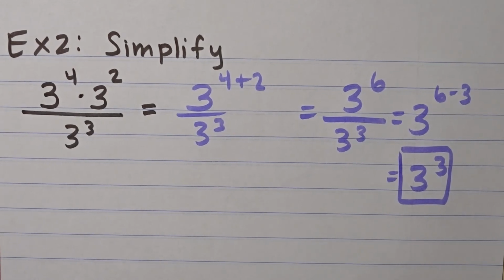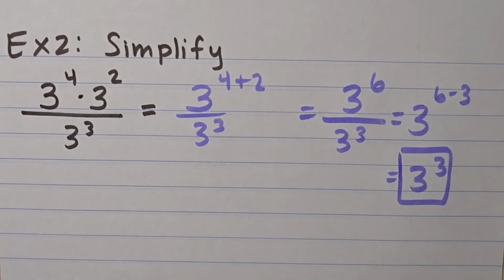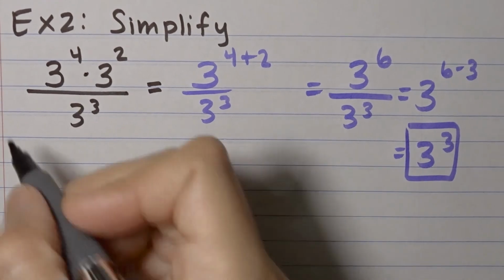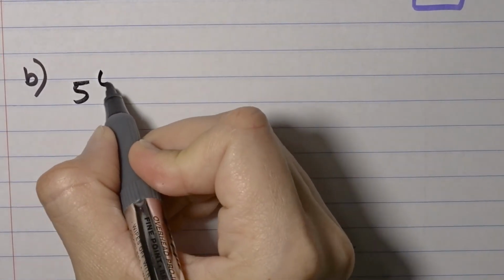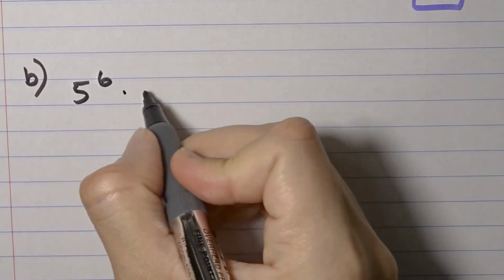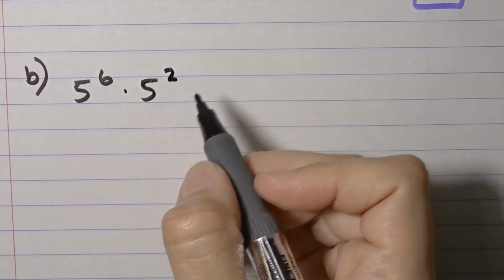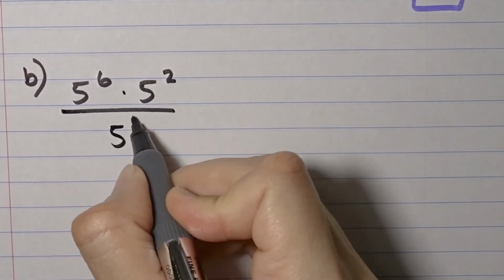All right, let me just do one more, just like example 2, so we get a little more practice. We'll call this example 2B. So you have 5 to the 6th power times 5 to the 2nd power, all divided by 5 to the 4th power.